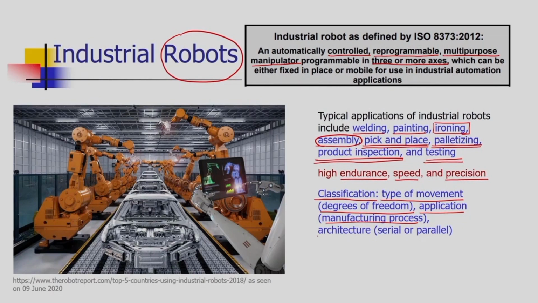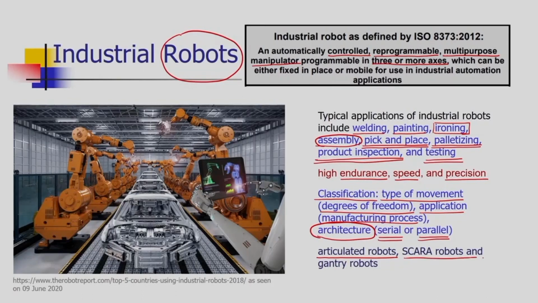We can classify the robots based on their architecture. Either it can be a serial robot or a parallel robot. Many robots are used in the industry, and these three are the prominent ones: articulated robots, SCARA robots, and gantry robots.